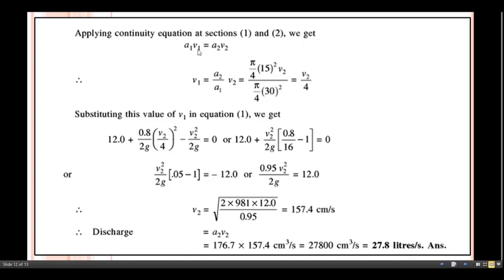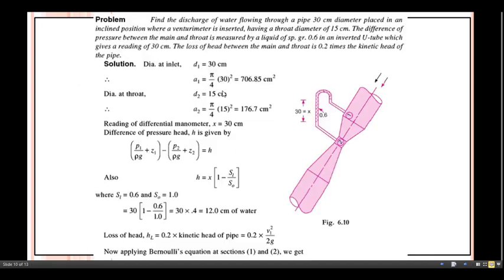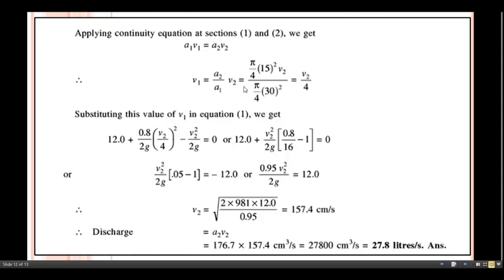So V1 is nothing but A2 divided by A1 times V2, with A2 being this term and A1 being this one. Now substitute the values for A2 and A1 in this way, and get the velocity V1 in terms of V2. In this way V1 equals V2 divided by 4 will come here.